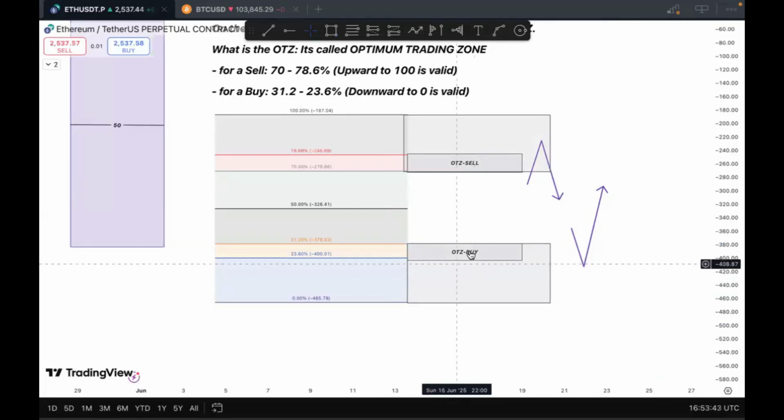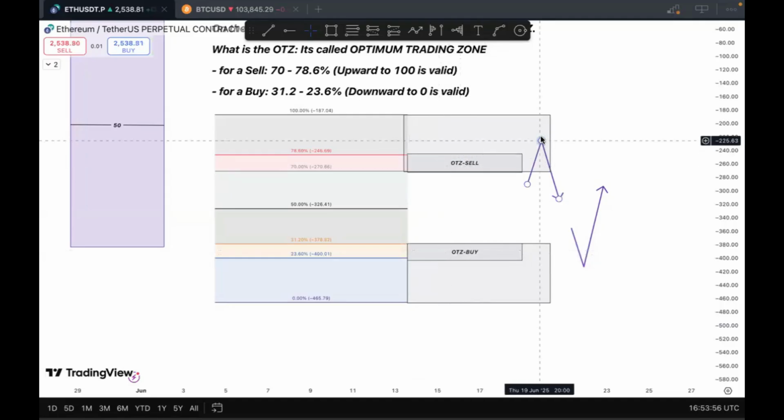So I want to buy anything from this zone, but most especially at this OTC zone area, optimal trading zone. But even if structure goes beyond this and comes into that, it's still very valid because it still gives you another chance. But the least is this optimal trading zone.